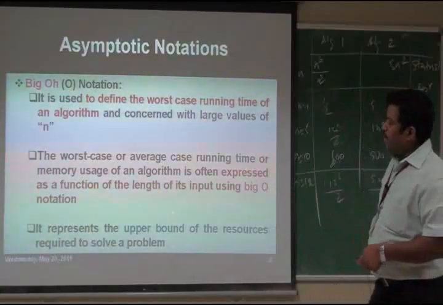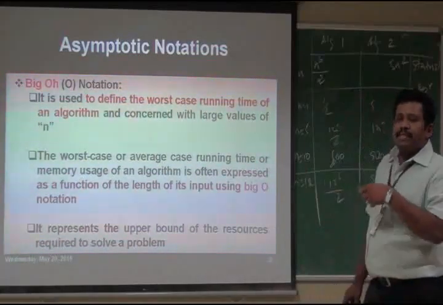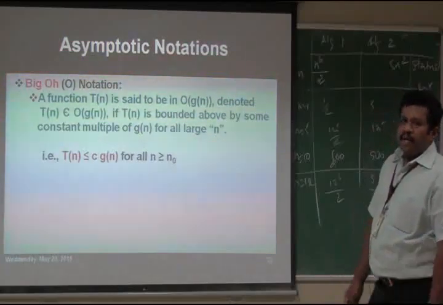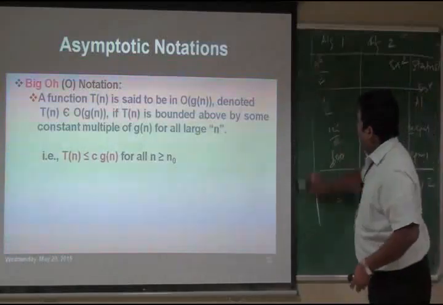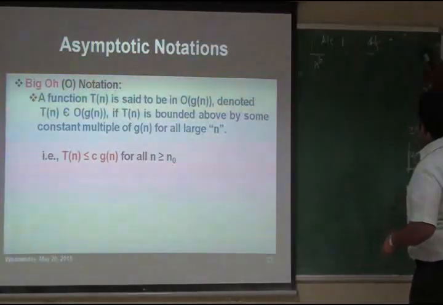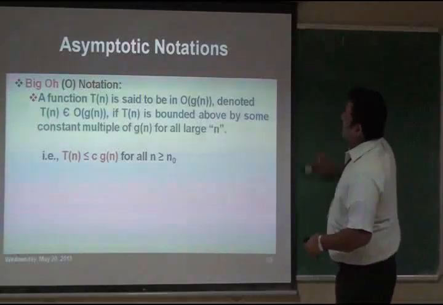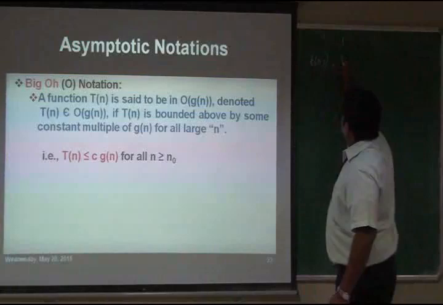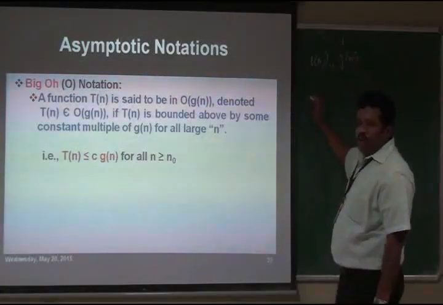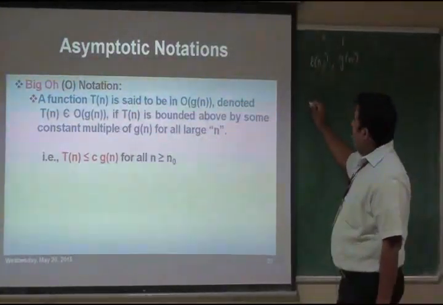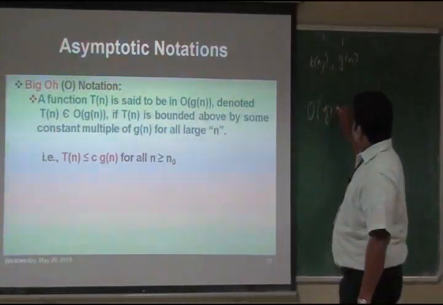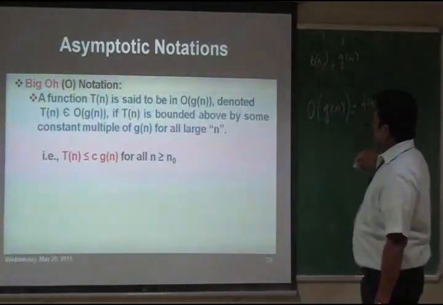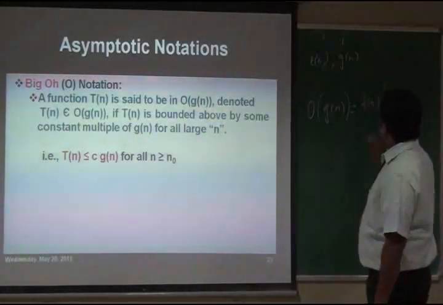During the execution of algorithms, it represents the upper bound of resources. How in the sense? Suppose you want to say a function t of n is in big O of g of n, where t of n and g of n are non-negative functions.